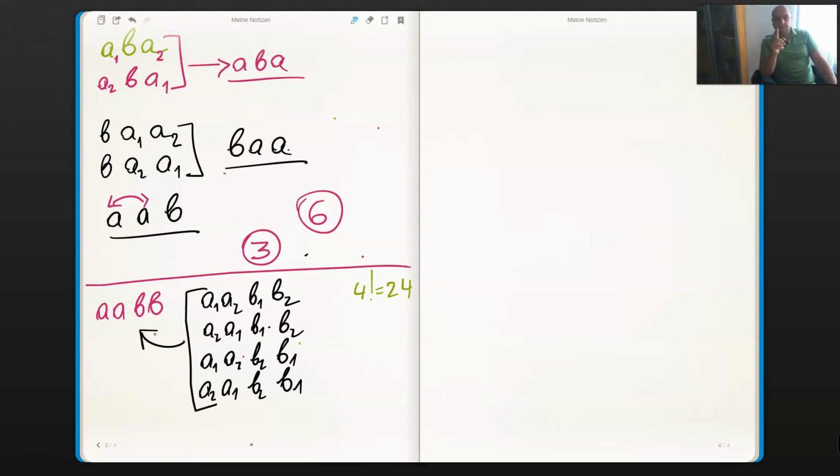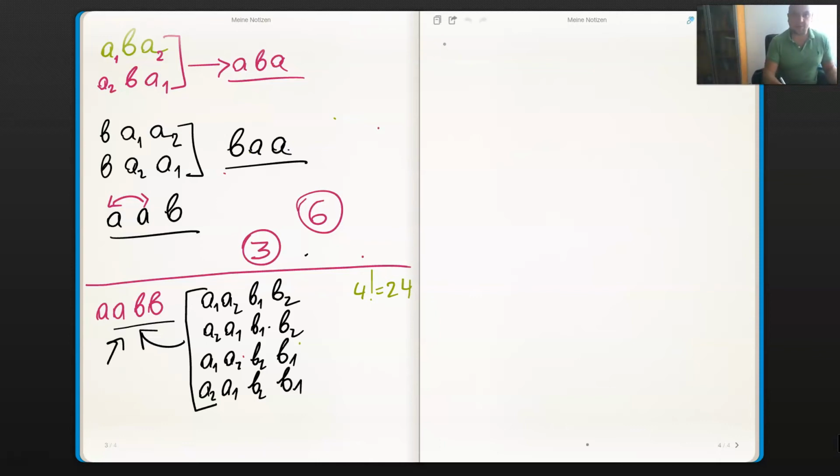And now let's think. We would have 24. One such possibility eats 4 away. So 24 divided by 4 gives us 6. That means there should be 6 possibilities of this kind. Is it correct? Well, let's see.